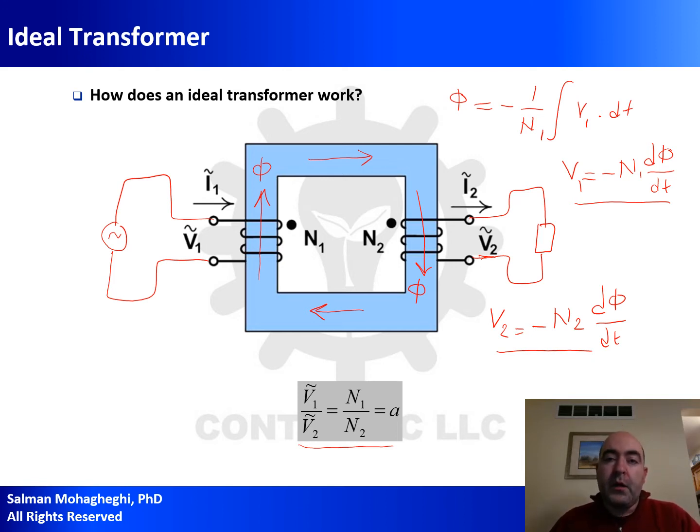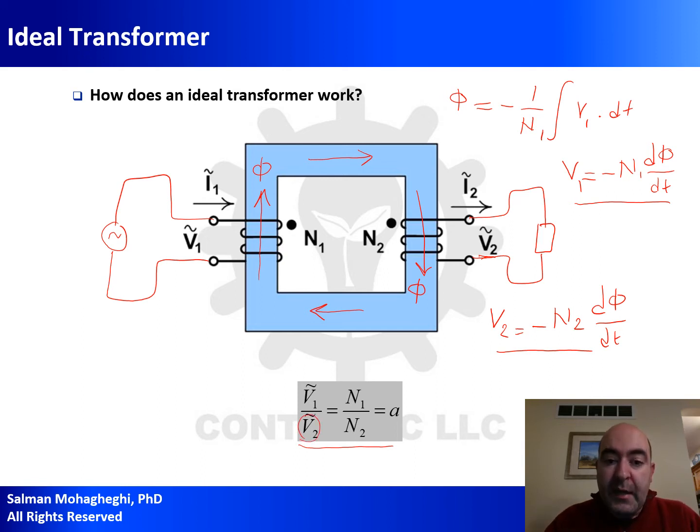Number two, remember we talked about a step-up transformer and a step-down transformer? I said a step-up transformer is a transformer that increases the output voltage with respect to input. Now, if I call my primary winding here my input and my secondary winding my output, if I want a higher voltage on the secondary side compared to primary, that means I want V2 to be greater than V1.